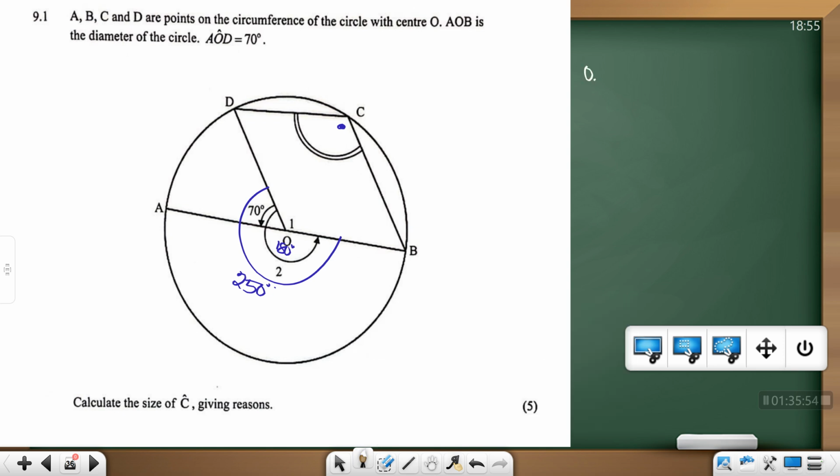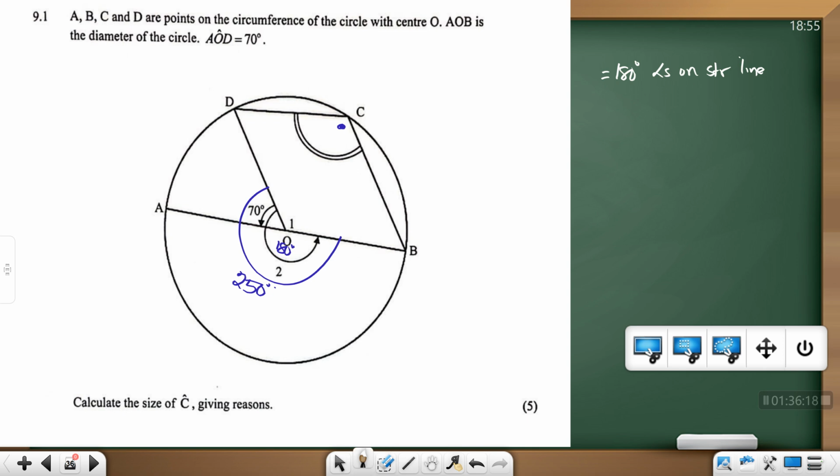5 marks. Angle O2 is what? 180 degrees, angles on a straight line. No, not O2. AOB. You could say O1, no, O1 is inside.